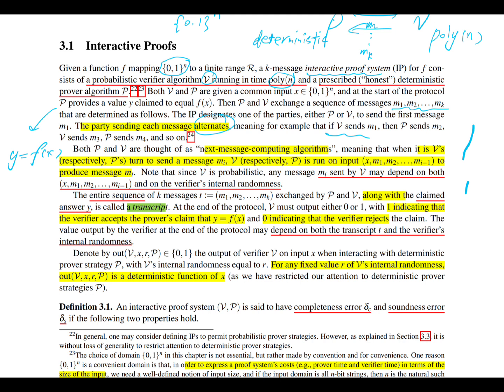So both the messages and the claim form a transcript. At the end of the protocol, the verifier must output either 0 or 1. It is a must. I think we should know this, because it will go across all the content: the verifier must output either 0 or 1.